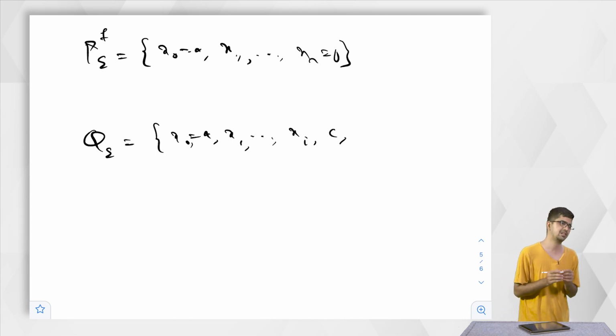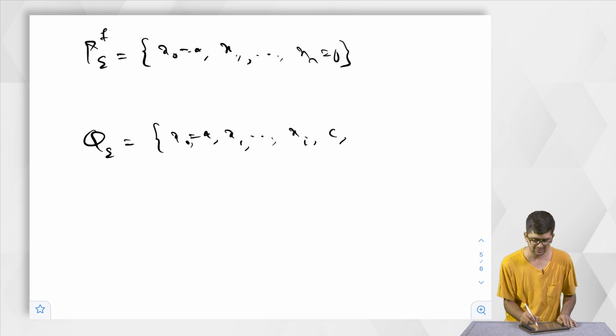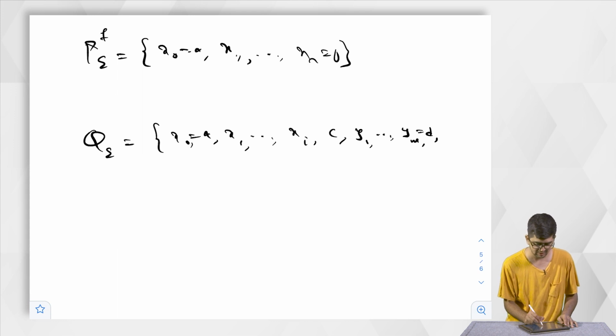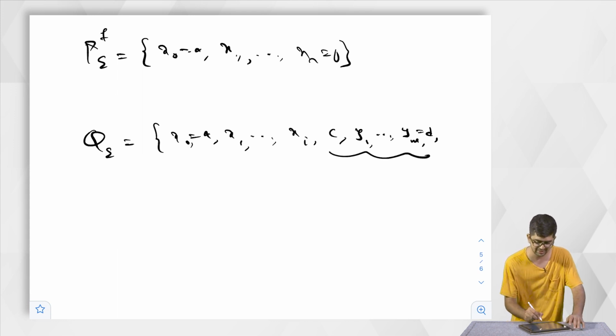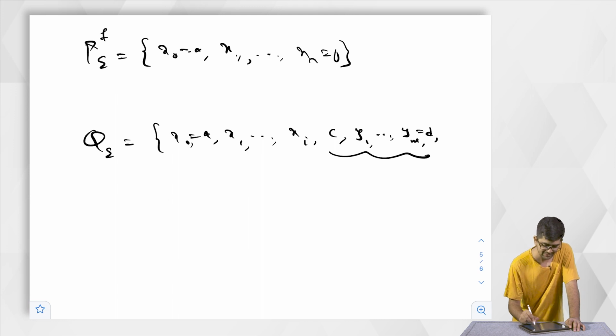Let me write down the elements coming from the partition in the subset c comma d as y1, dot dot dot, y say m, ym is equal to d, and then I will write down the remaining elements. Then what is remaining? The indexing is not very correct here. So there is m plus 1, there will be something else. So we will write down the remaining elements.